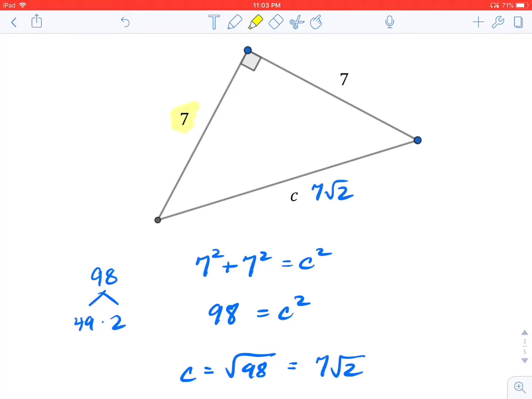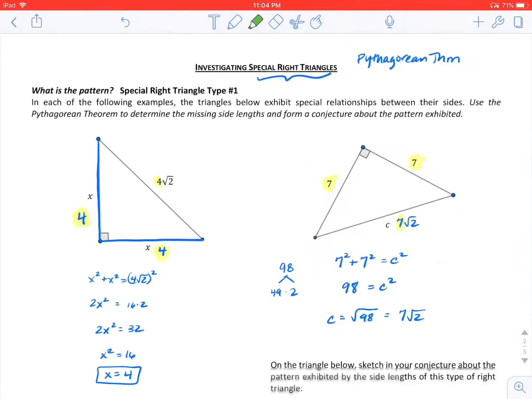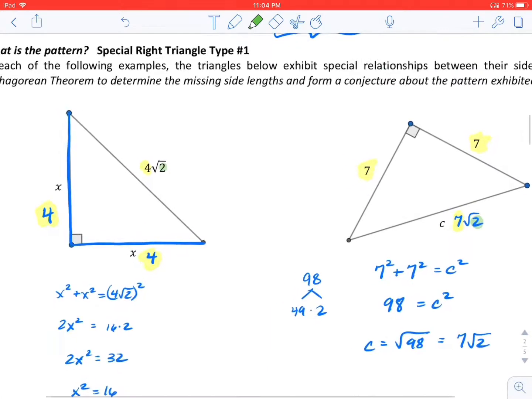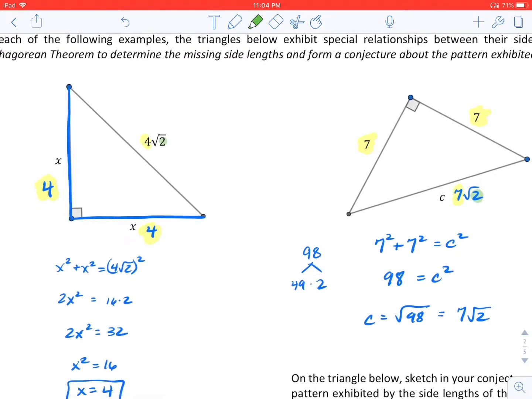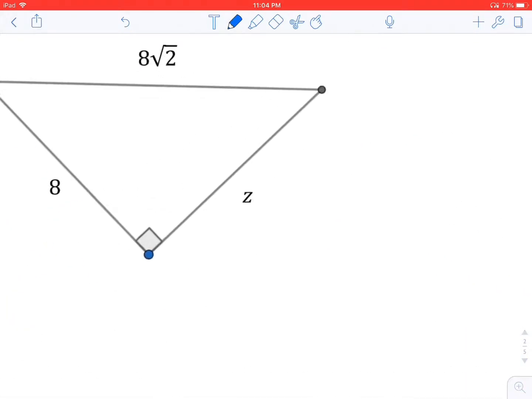Again, it seems like legs being the same length in a right triangle will produce a hypotenuse that has a factor of 7 outside the radical. And it seems from these first two examples that the radicand happens to be the 2, the square root of 2. Let's see if we can verify that relationship here.